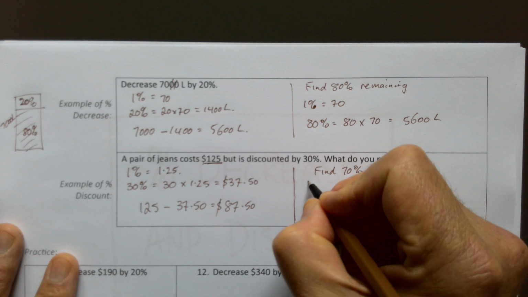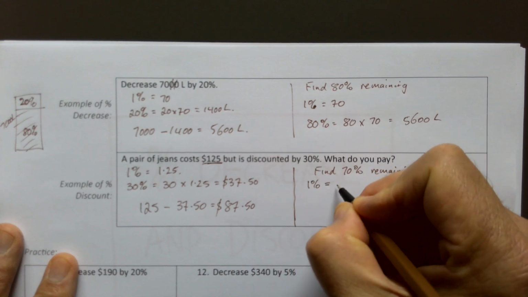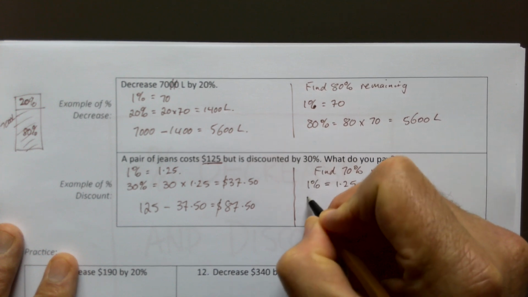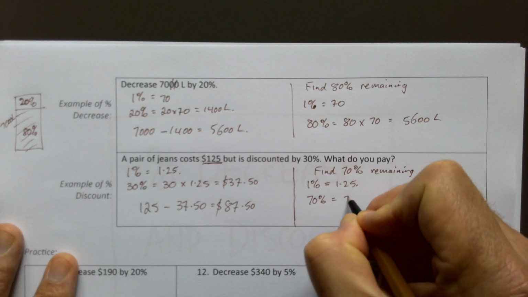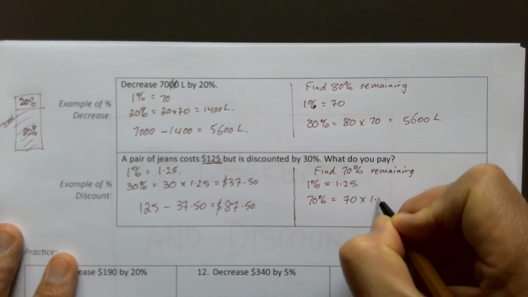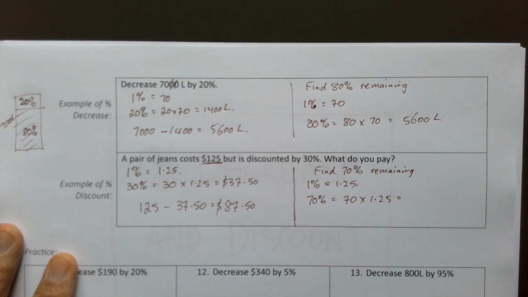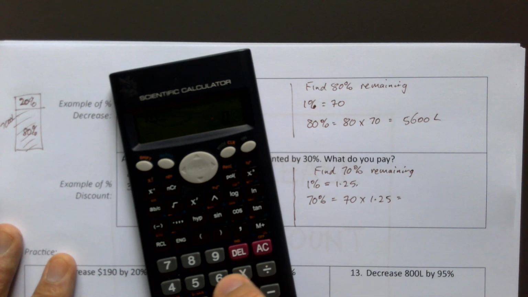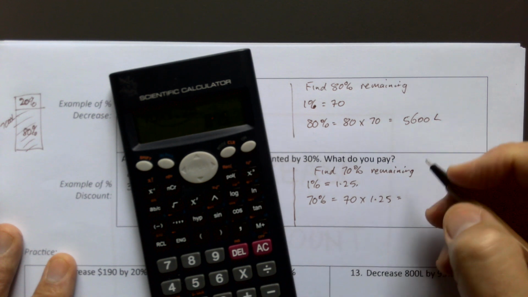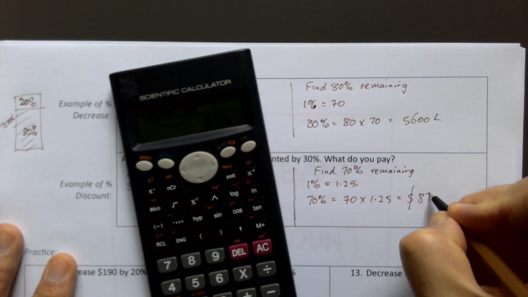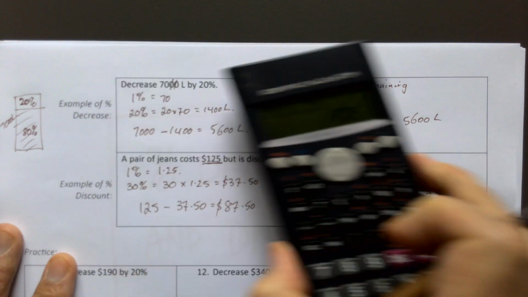So let's do this again. 1% is 1.25, so 70% is 70 times 1.25. $87.50. So they both work.